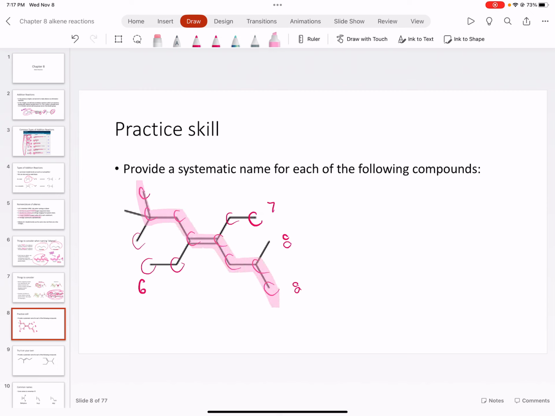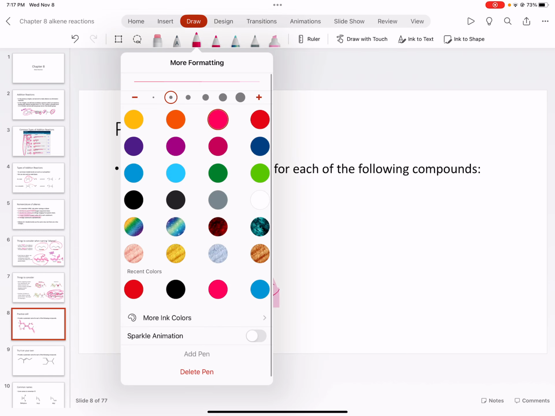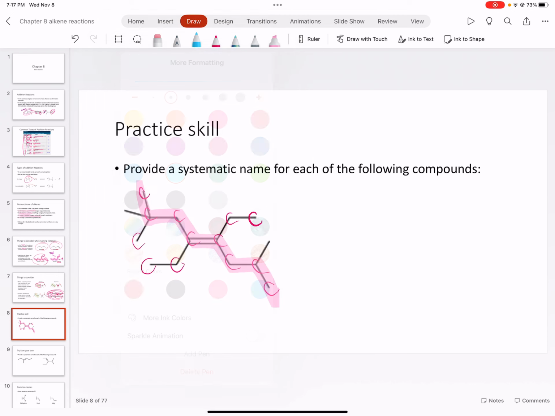Okay, so keeping that in mind, we can now try to assign our substituents. Let me erase this so we don't get confused. So we can assign our substituents now.